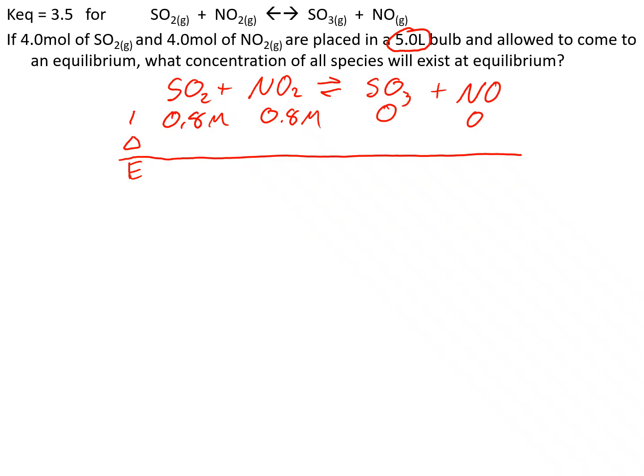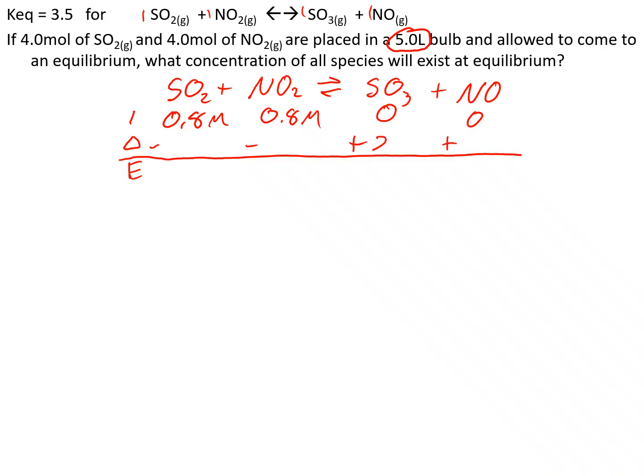Now, what you have to understand is that since you have no products, this side has to increase. It cannot decrease. If this decreased by some number, it would go into negative concentrations, and that's not possible. So this product side has to increase, and this side has to decrease. We don't know how much it's going to increase or decrease by, but we do know that it's a 1-to-1 to 1-to-1 ratio.